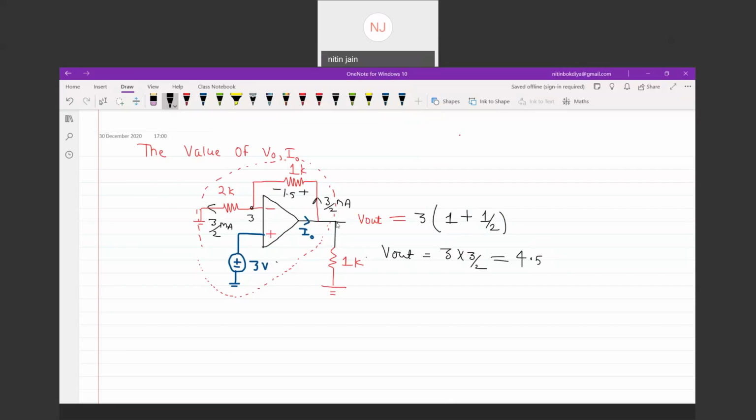So I can apply nodal analysis at the output voltage. 3 by 2 milliampere current is outgoing. 4.5 milliampere current is also outgoing, because this is 4.5 divided by 1K.